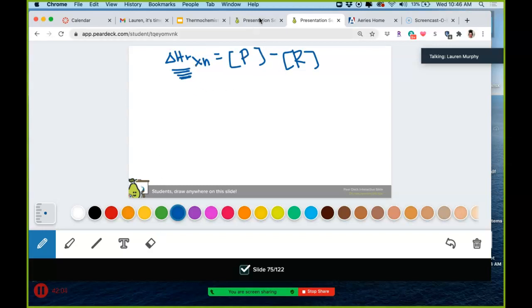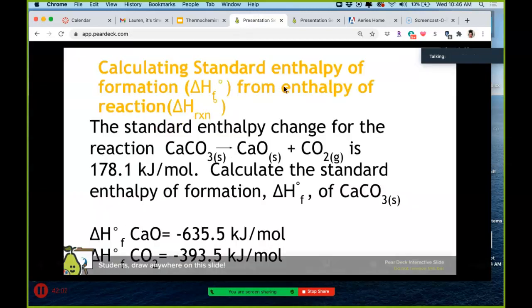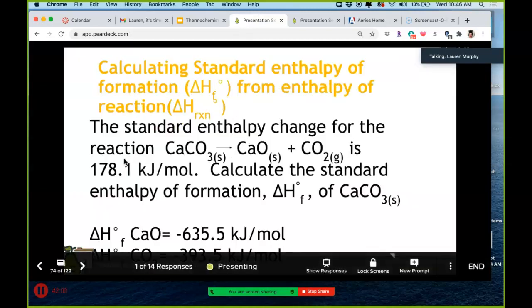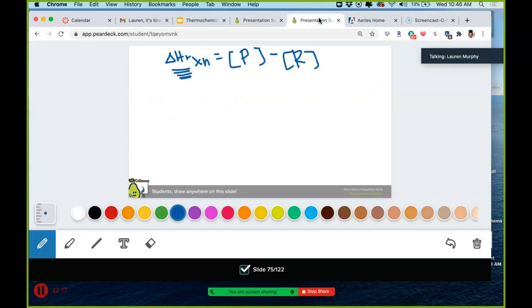So let's plug in what we know. The enthalpy change for the reaction is 178.1 kilojoules per mole. So this number is 178.1, that's my enthalpy of my reaction, equals products minus reactants.